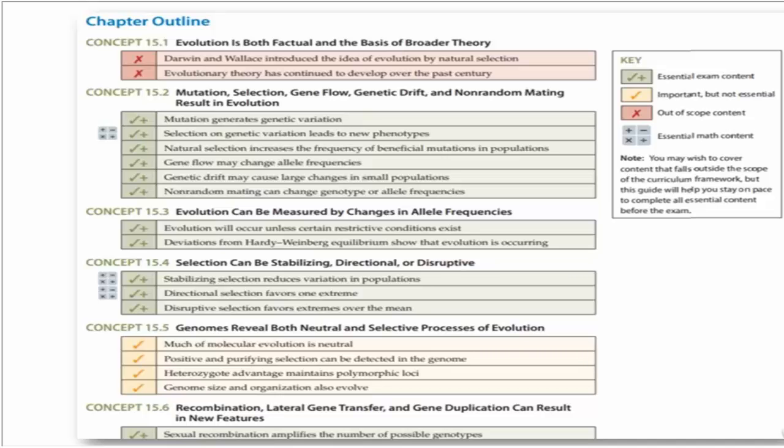And seeing what LO or essential information is in each section of the book just really makes it very easy to know what little things you can check off in the curriculum framework. At least it does for me.